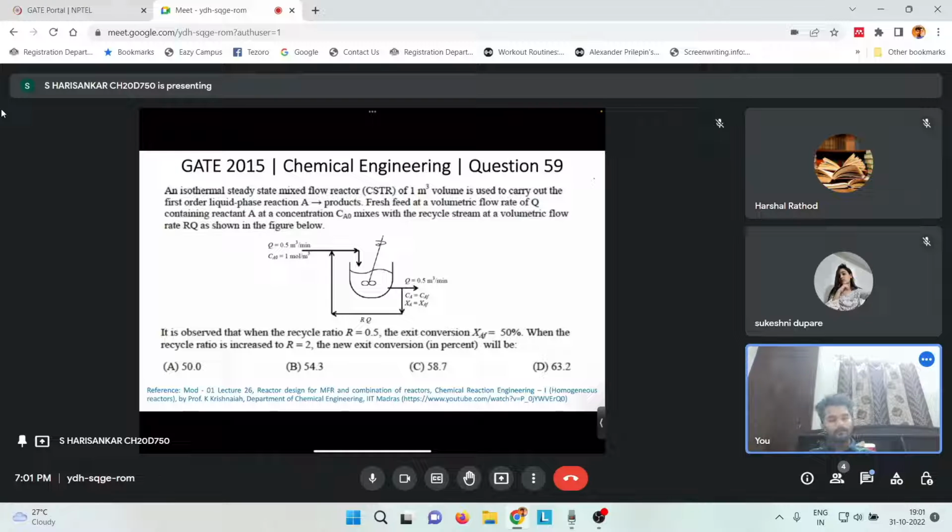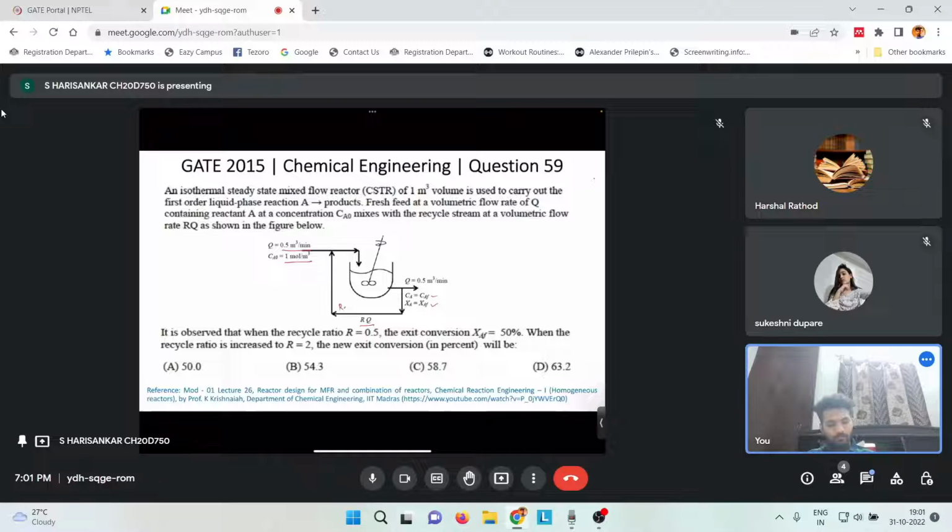So here they have given us a CSTR with recycle. As you can see in this picture, we have an initial flow rate of 0.5 meter cube per minute and initial concentration of 1 mole per meter cube, and this enters the CSTR, and the final concentration will be CAF with the final conversion as XAF. And the recycle stream is also given as RQ.